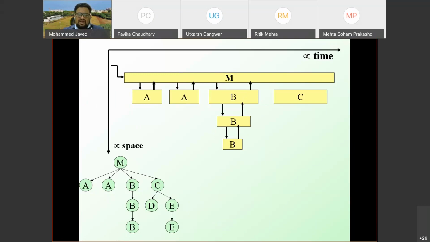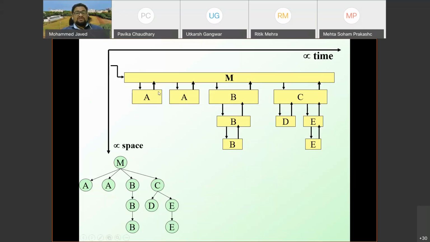On the other hand, yum will call C, C will call D, D will return the answer, again C will call E, and E would again call E. E would return the answer, and E would again return the answer to C, and C would finally return the answer to yum. So now what you can see here? What is the observation here?